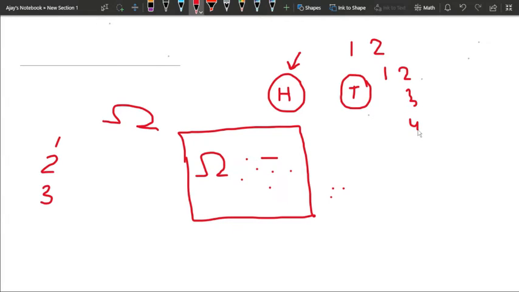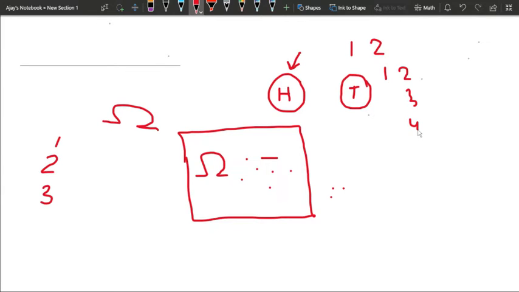Now suppose that while you were flipping the coin, you also looked outside the window to check the weather. Then you could say that my sample space is heads and it's raining. Another possible outcome is head and no rain.